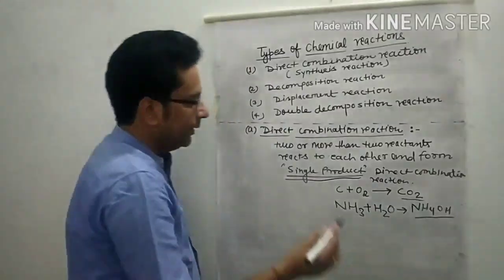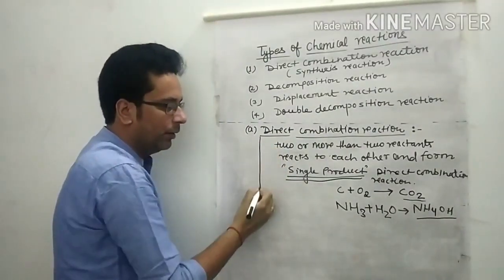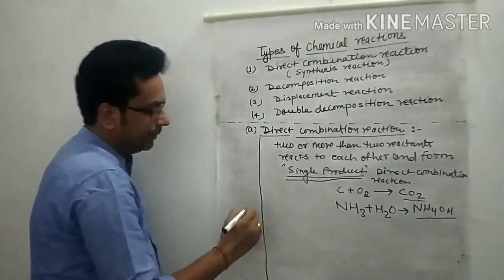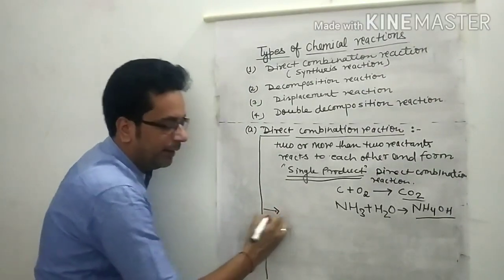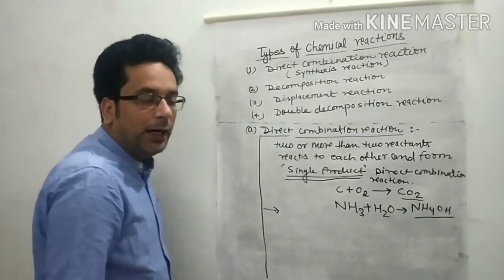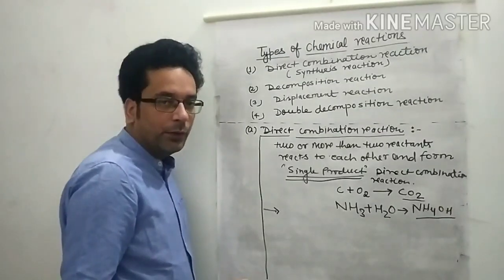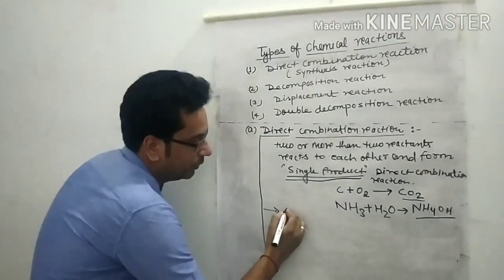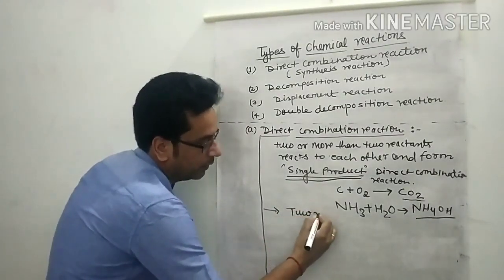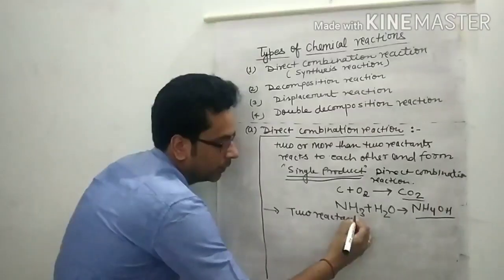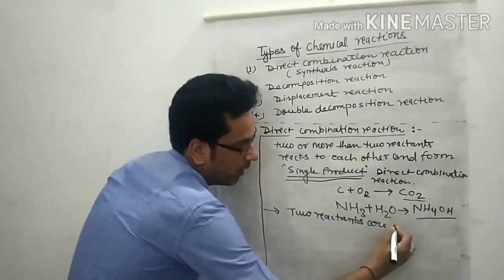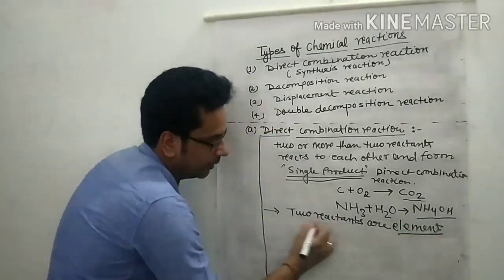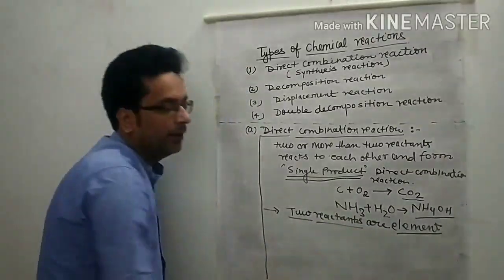Now look here. This direct combination reaction is further divided into 3 categories. First, when reactants are elements, which means both reactants are elements.